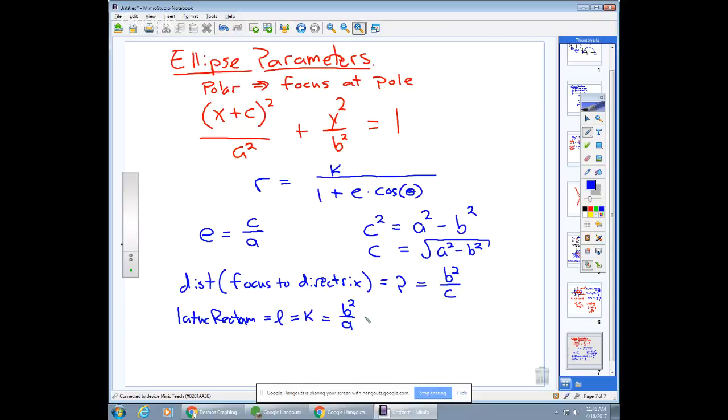Other ways we'll see that, and you can do some algebra based on this, if you screw around with these variables, you see that it's a times 1 minus e squared is another way you'll see that length of the latus rectum.